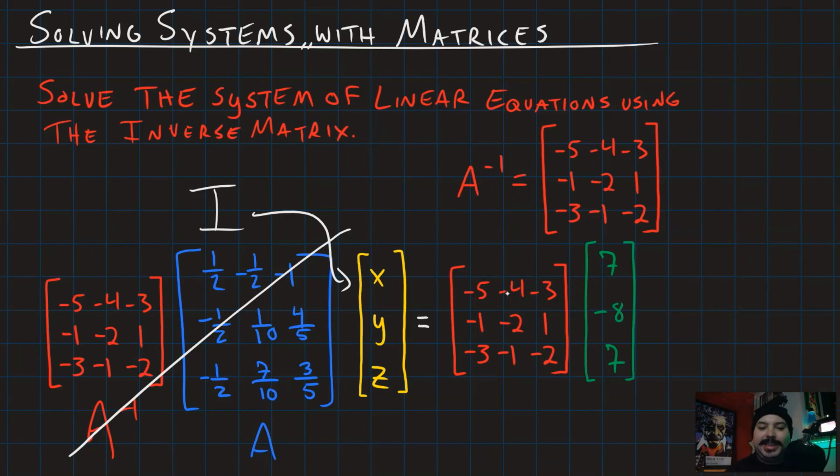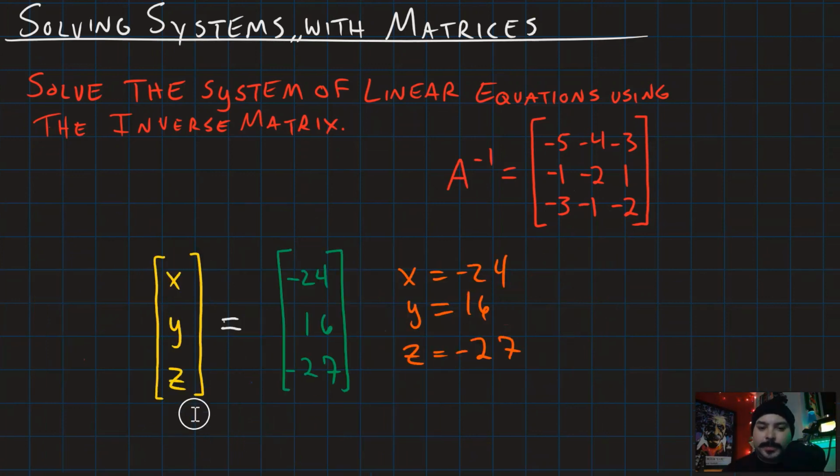And multiplying the identity matrix with matrix XYZ will just leave us with the matrix XYZ. Once again, using that matrix calculator, we will go ahead and multiply these two matrices together, and we will get the solution. XYZ is equal to -24, 16, and -27.